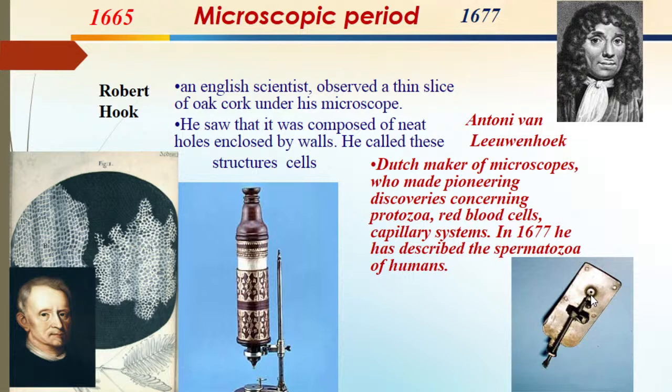But this lens magnified images 300 times, like modern laboratory microscopes. It was amazing. During his investigations he discovered protozoa, red blood cells, the capillary system, and it was especially interesting that the first human spermatozoa were described in Leeuwenhoek's works.